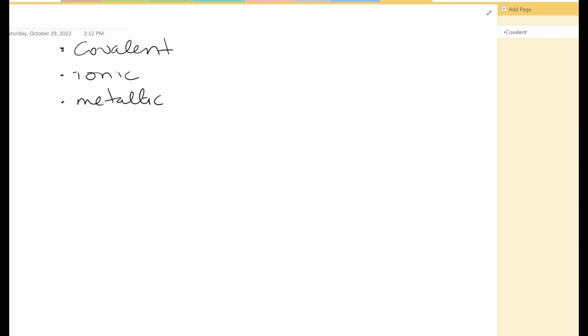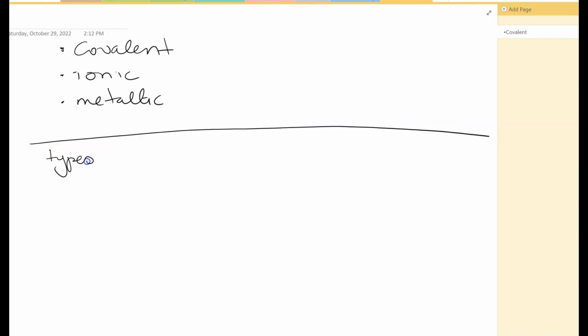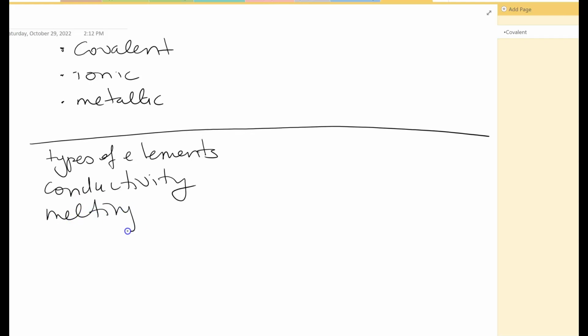So if we have to compare and contrast covalent, ionic, and metallic, there are a few things we would use for that comparison and contrast. We're going to talk about types of elements involved, conductivity, melting point, state at room temperature.